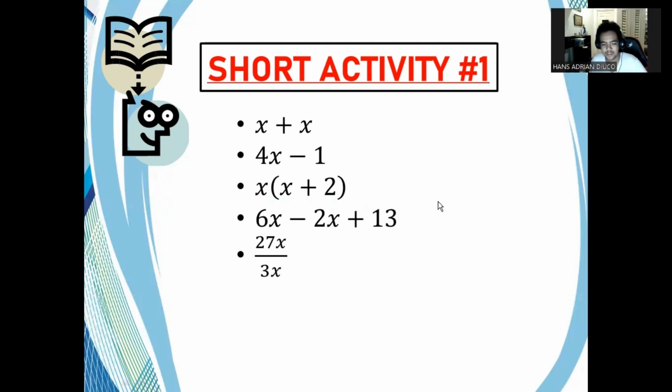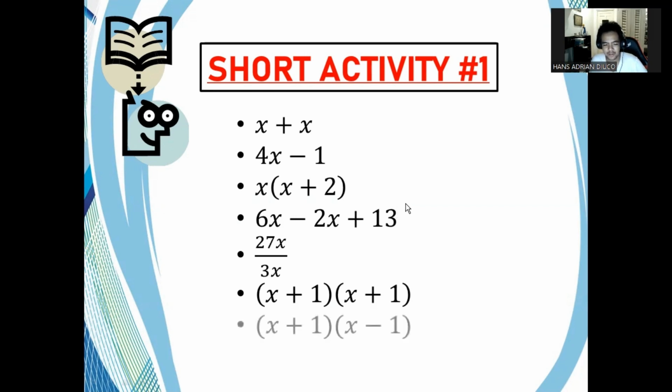It was the first one. So this one. Let's see if you still remember this one. Number 11 again. Yeah, he remembered. Okay, good. x squared plus 2x plus 1. Okay, how about this one?